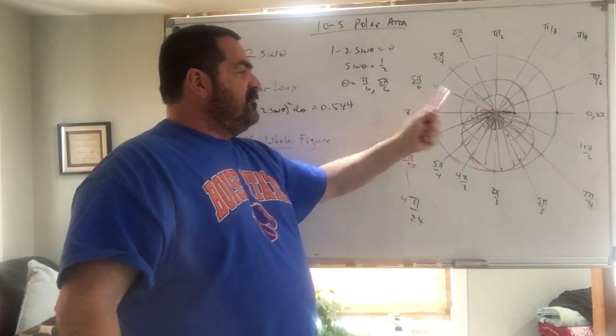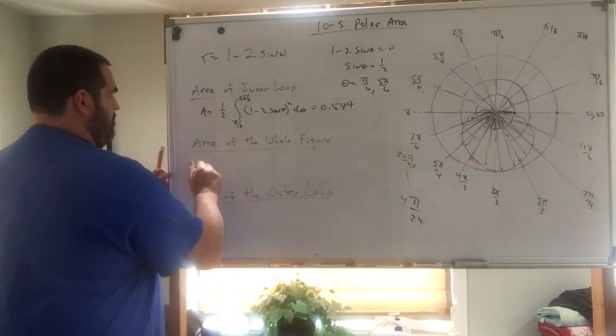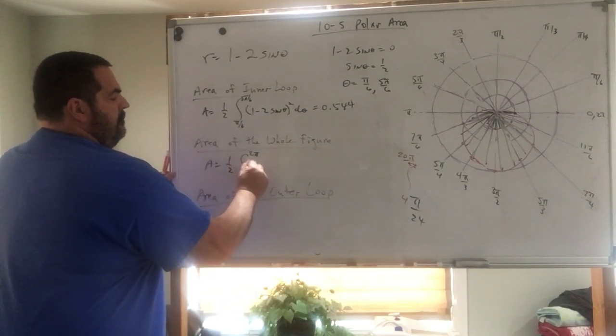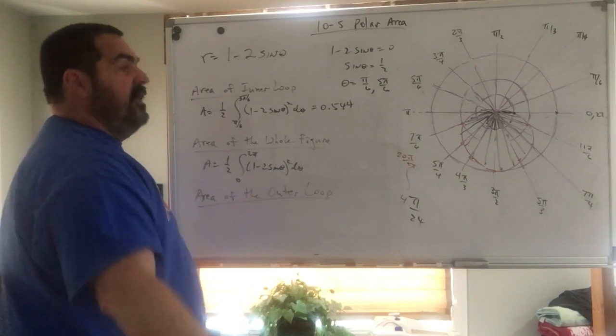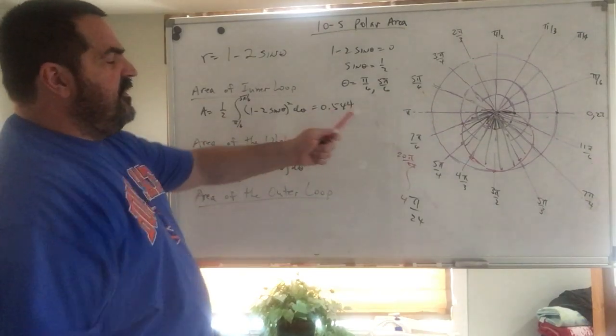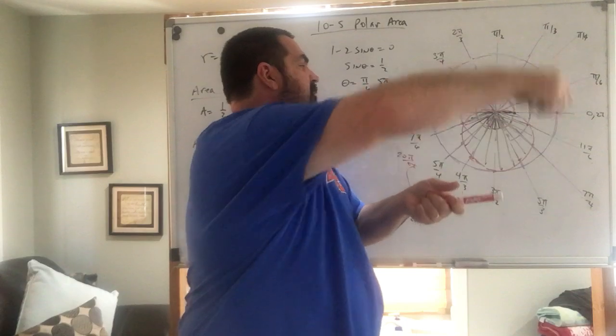So it gets a little confusing for people. When you have to do the whole figure, if you did 0 to 2 pi, that will get the area of the whole figure, but this part got watered twice. It got watered first by itself, and then when you watered the whole thing.